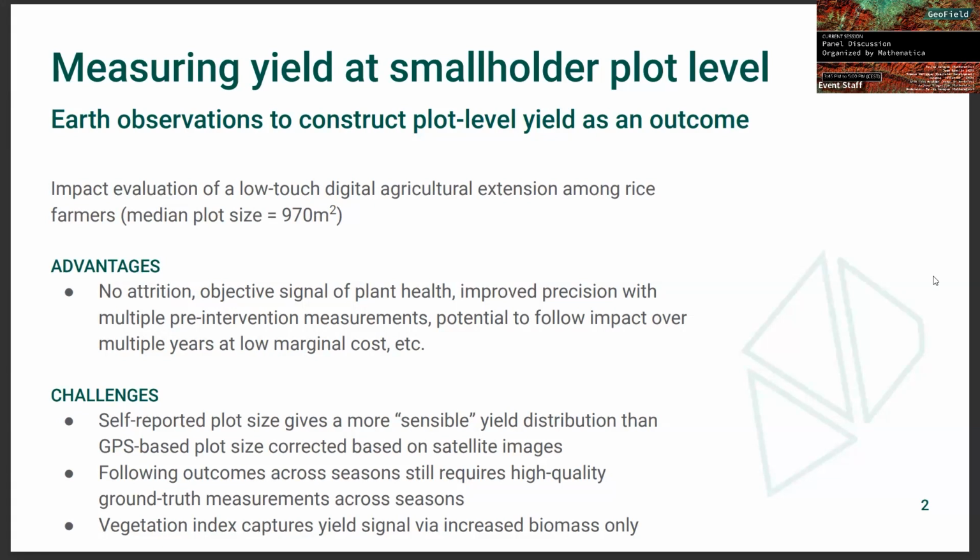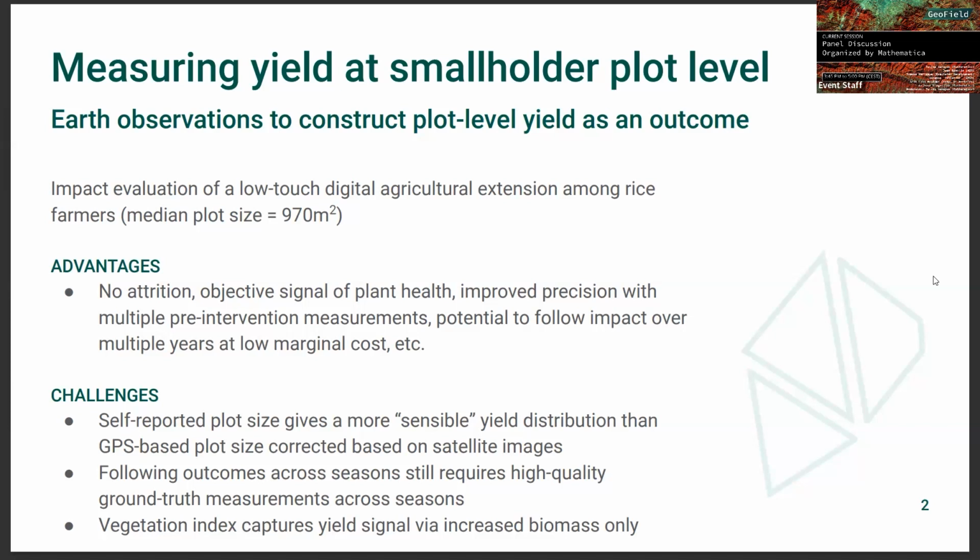In practice, we are finding a number of challenges, and in particular, let's say obtaining consistently good ground truth data across multiple seasons, as you mentioned. And then I think actually figuring out which data gives us the best estimates of impact parameters we are interested in have been quite challenging. So just a couple of concrete examples, take plot size, for example.